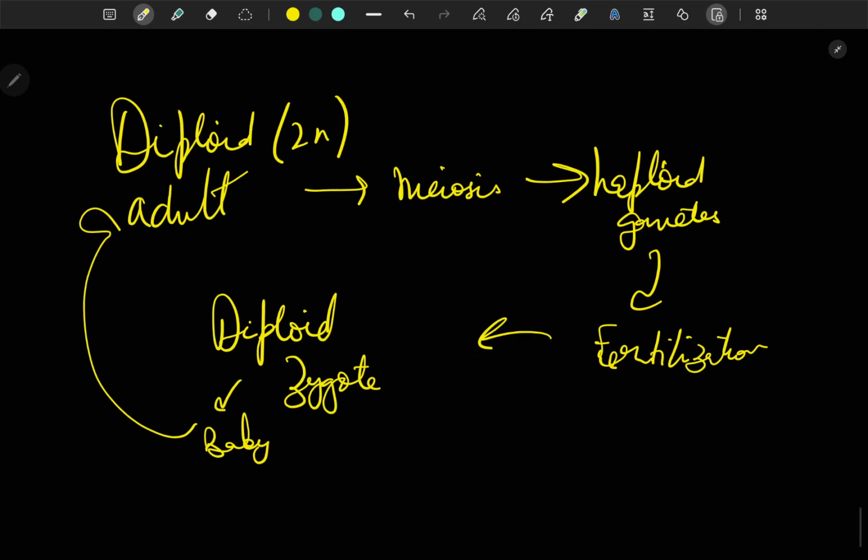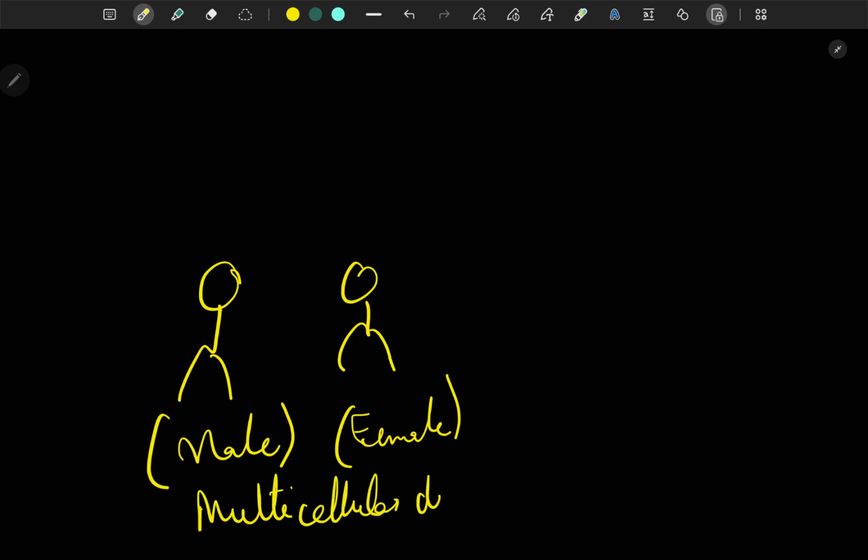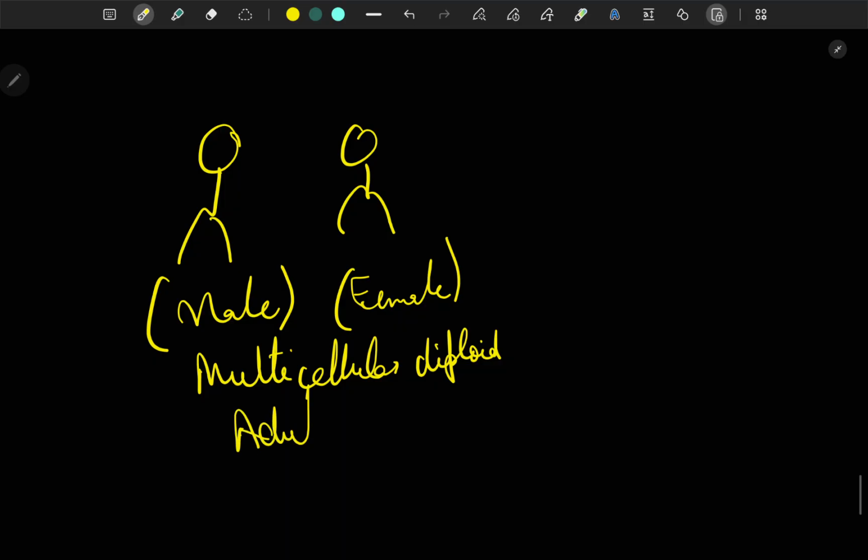So what usually happens? Suppose this person is male and this is female. These are multicellular, in scientific terms, diploid adults, which means 2n is equal to 46.